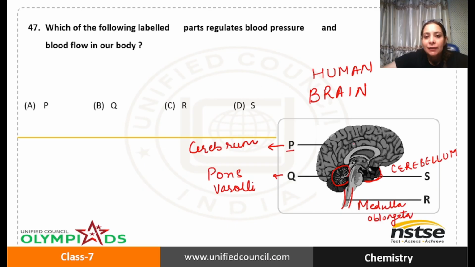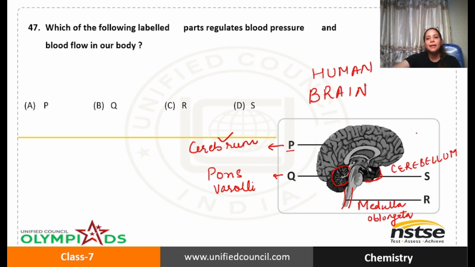Now the cerebrum has certain specific areas in it which help in thinking and responding. These kinds of things are done in the cerebrum. Also it produces the sensations of touch and pressure; a lot of sensations are felt in this part.